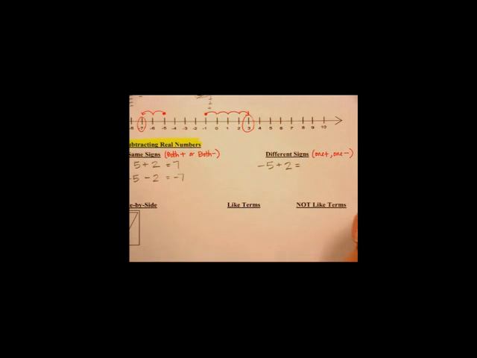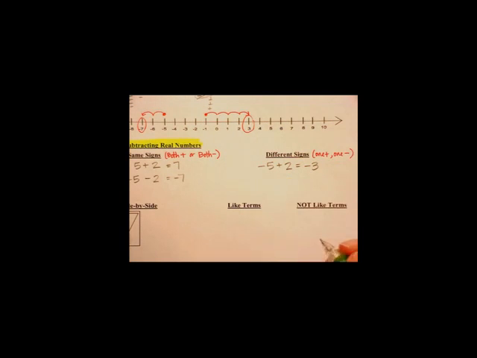That brings us to our scenario when we have different signs. Different signs, maybe I owe you $5, but I only have 2. Do I have enough money to pay you back? I don't. I'm going to be $3 short. So I can give you the 2 that I have, but I still have 3 negatives left over.